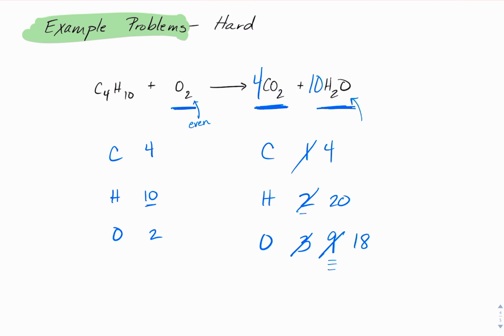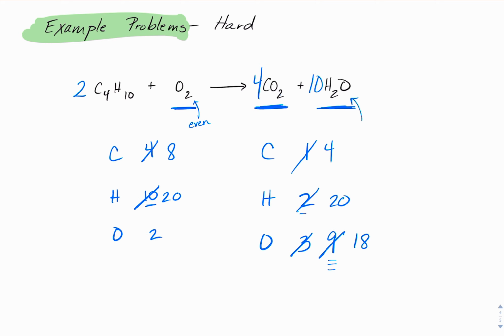Okay, so one thing that we noticed is that the coefficient in front of C4H10 now needs to be adjusted because you have 20 hydrogens on the right hand side. So let's put a 2 here, and that will give us a total of 20 on the left hand side. But now that changes carbon on the left hand side to an 8.